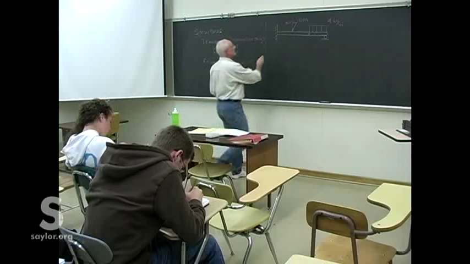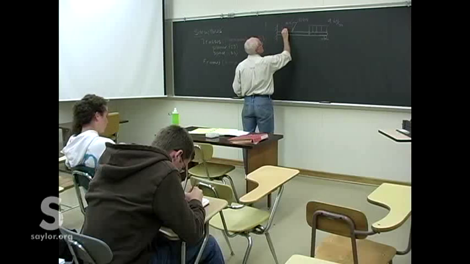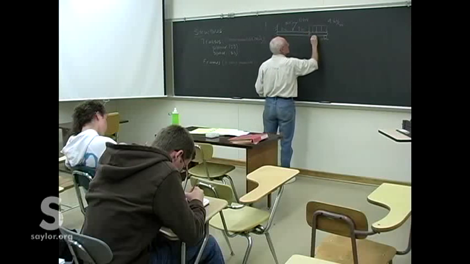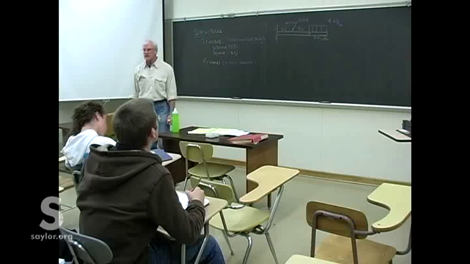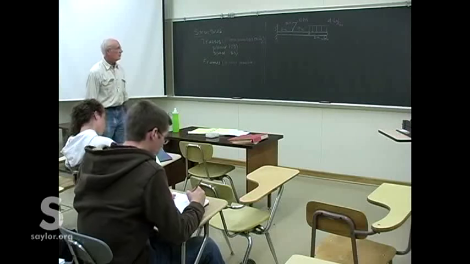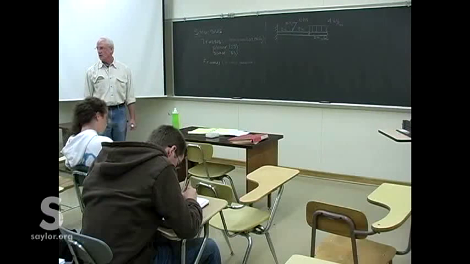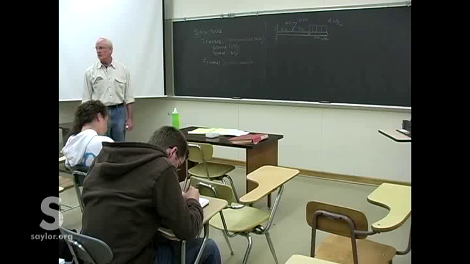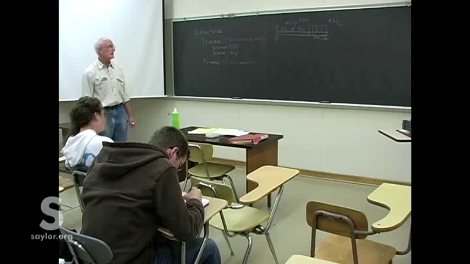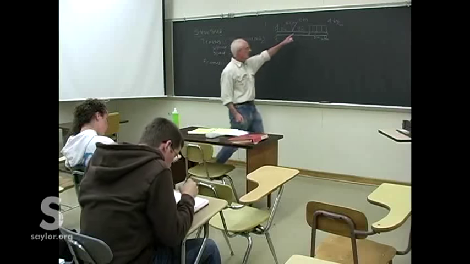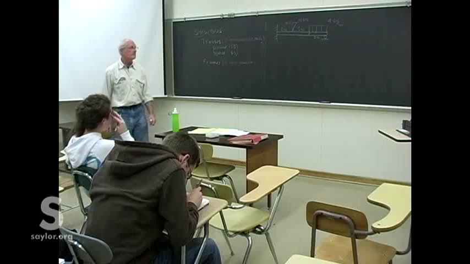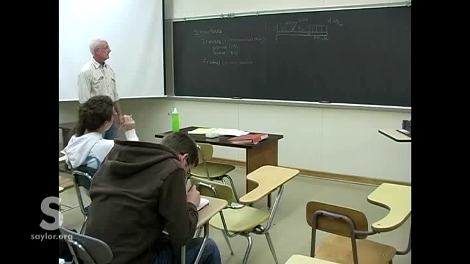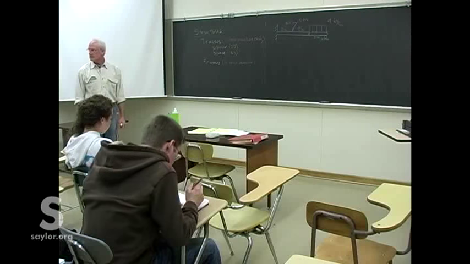So if I give you a couple lengths here, let's say that's 2 meters, 2 meters, and that's 2 meters. If that's a 2-meter section with a 4 kilonewton per meter load, then it's got an 8 kilonewton load on it. That total load is 8 kilonewtons. Snow loads do that kind of thing, of course, and just stored materials.